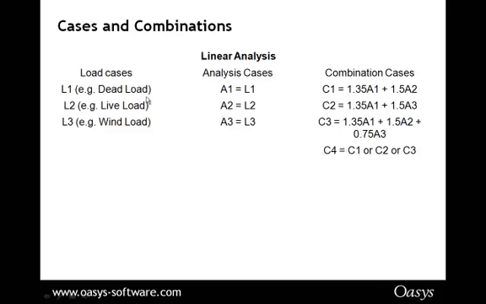Put another way, by default, each load case produces a linear analysis case on a one-to-one relationship. You can override this, but these will have the same number and the same name, so they will appear very similar. But being linear, you can multiply and combine these together and then produce an envelope result.